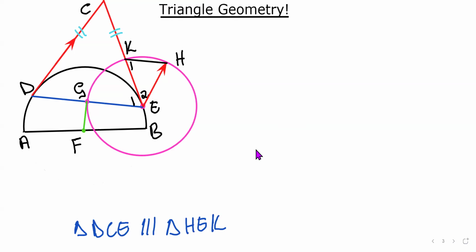So where are these two triangles anyway? Well, DCE is the triangle that contains this one. So yes, I'm just going to remove the red one. So it's the one that contains two tangents. And what about HEK? Well, HEK is simply going to be this triangle.